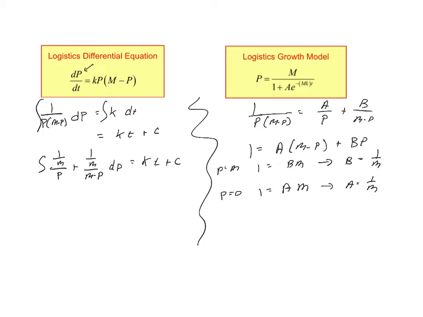Well, 1 over M is just a constant, right? So I can just take that out of my integrand, if that makes it easier for you to see. So then my antiderivative of 1 over P is the natural log of the absolute value of P plus the natural log of the absolute value of M minus P. Now don't forget here that P is my variable. So P technically is behind that subtraction sign.